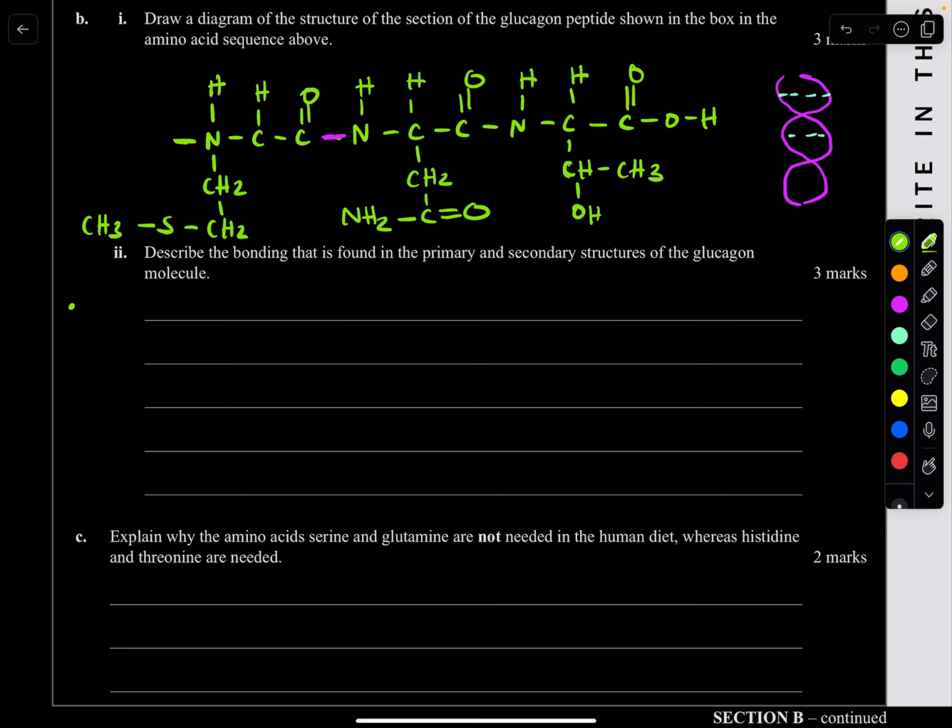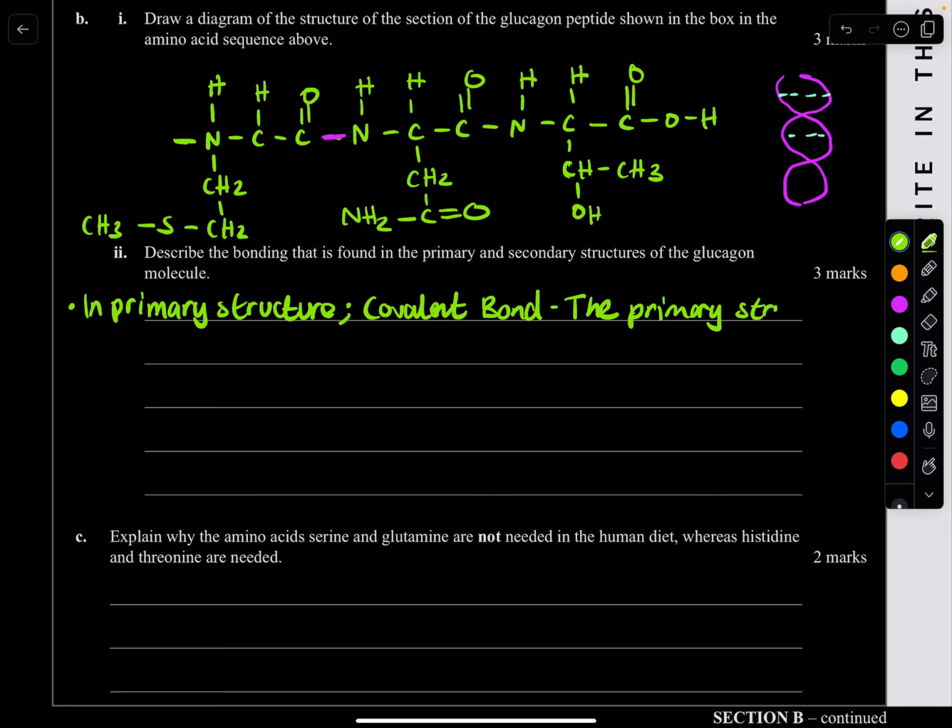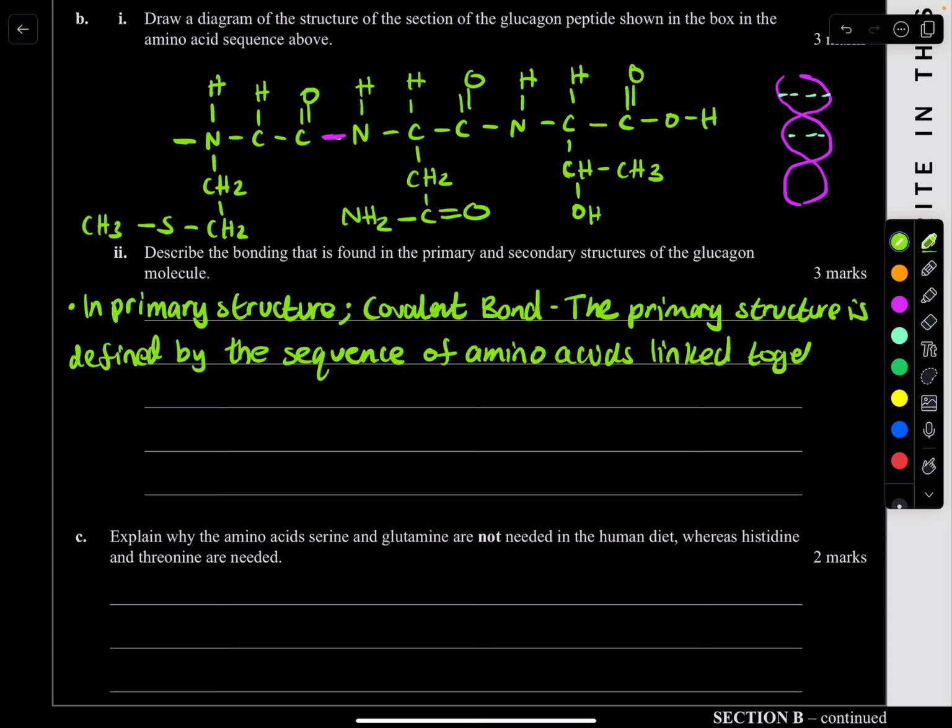So what I'm going to first write is, okay, in the primary structure, which is of course covalent bonds, or your peptide linkages, the primary structure is defined by the sequence of amino acids linked together by peptide bonds.